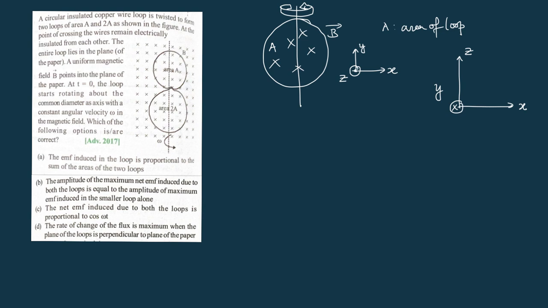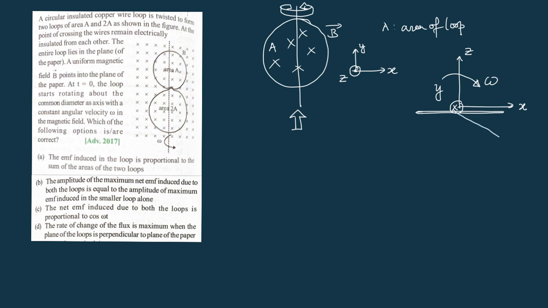Then you will see the loop. So initially the loop is lying flat like this, and the angular velocity is along the y-axis. That means you will see it go clockwise. That means I am viewing it from here, clockwise.